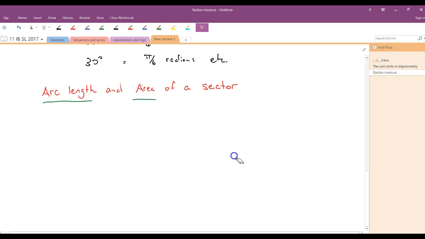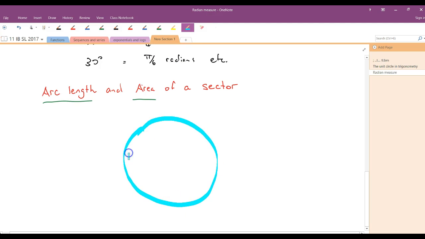Right, so let's start with a nice big circle, and let's look at a sector of that circle. Let's say that I've made this radius 3 centimeters, and I've made this angle here 1 radian.